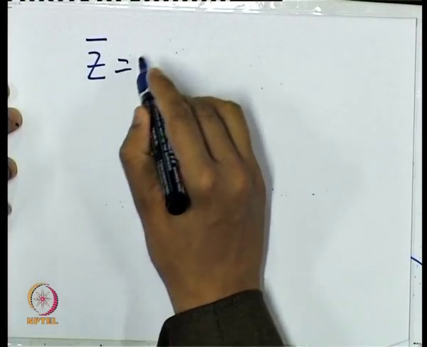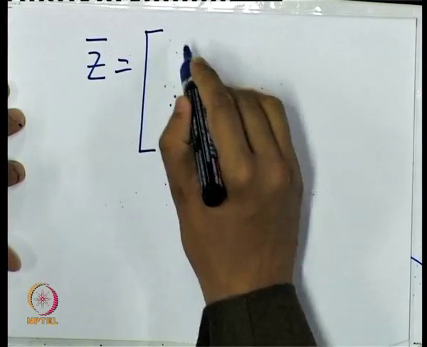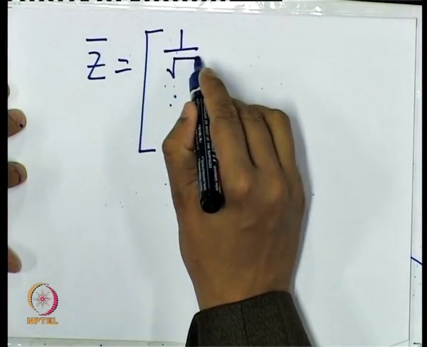Just like we have normalized voltages and currents, the normalized impedance matrix can be given like this.